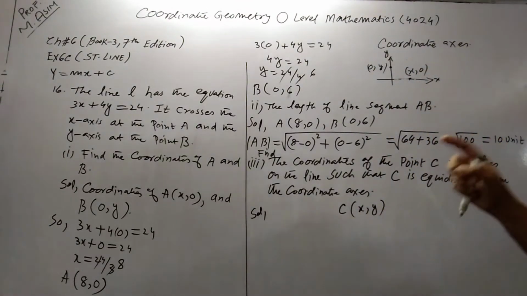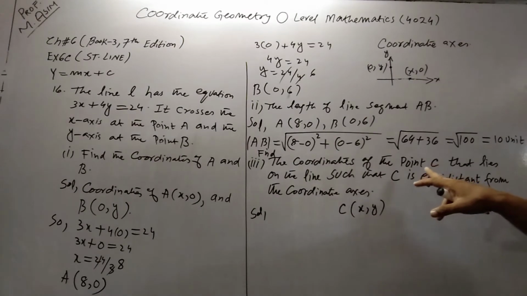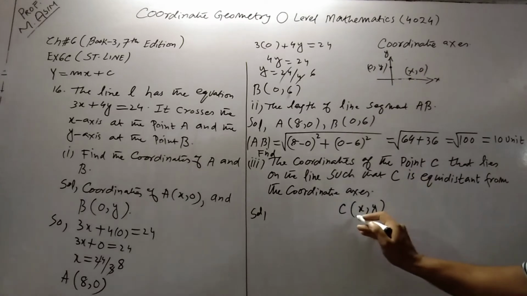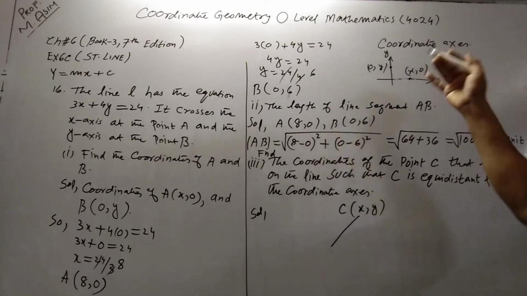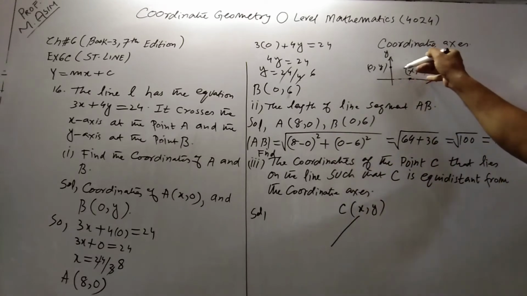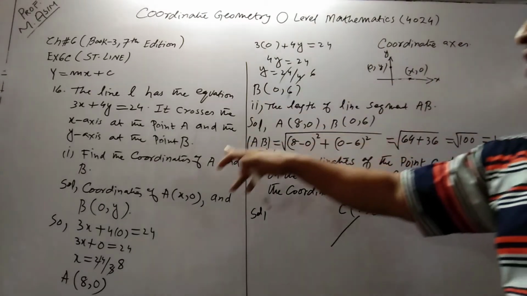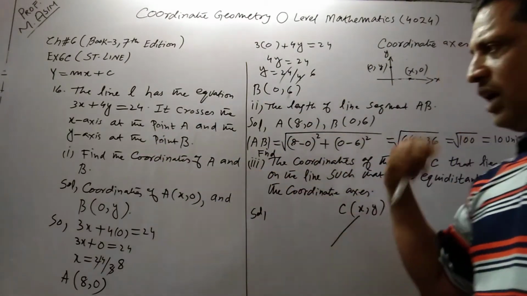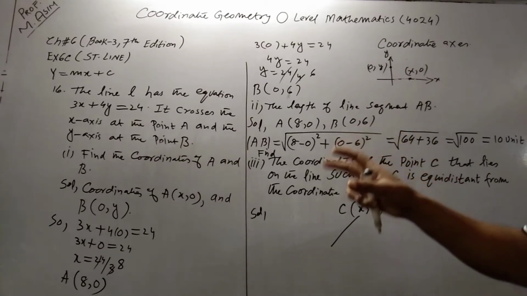And according to question, C is equidistant from the coordinate axis, means C is, if I assign the name of this coordinate axis, because we use A, B in part number 1.